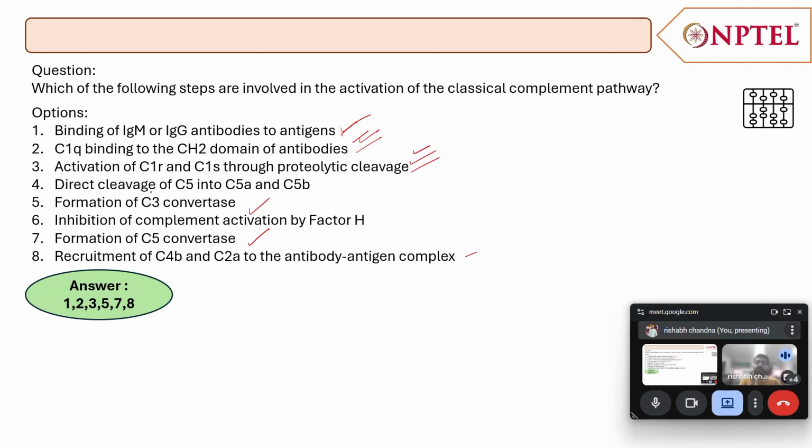Then we have direct cleavage of C5 into C5a and C5b. No, this was cleaved by the C5 convertase. Then the formation of C3 convertase, yes, C4b2a. Then inhibition of the complement activation by factor H. No, factor H is involved in the alternative pathway.